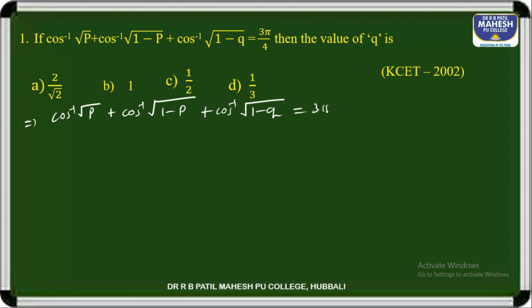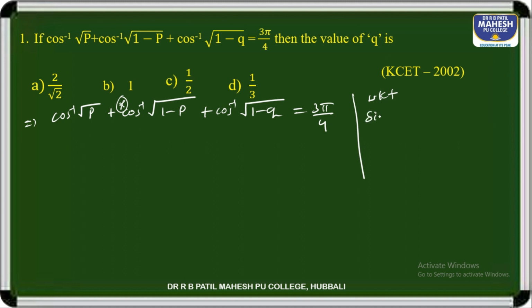Dear students, this LHS is completely in terms of cos inverse. Now what I am going to do, this second one I am going to convert into sine inverse, cos inverse to sine inverse. How am I going to convert? We know some properties of inverse trigonometric functions here.